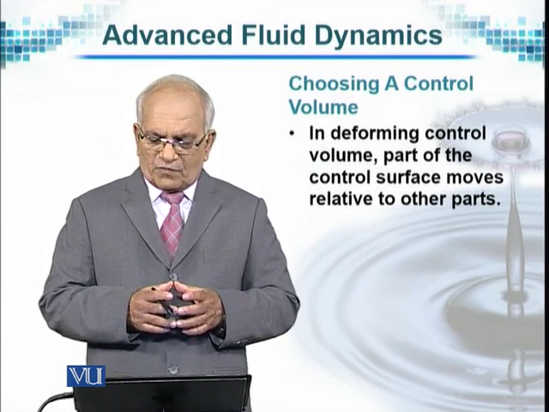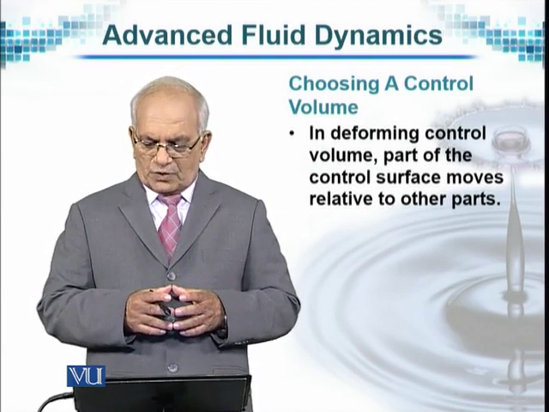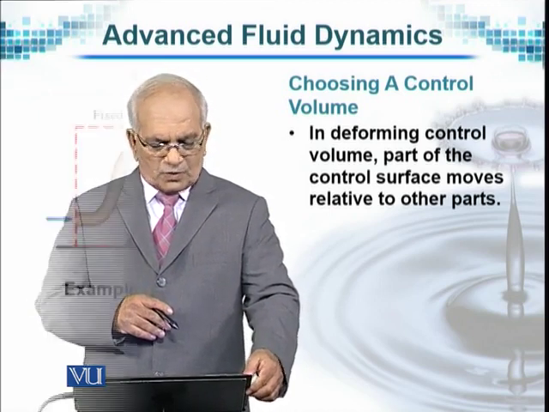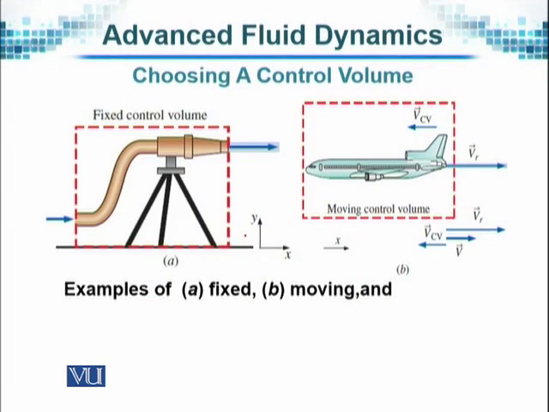In a deforming control volume, part of the control surface moves relative to other parts of the control surface. Some examples in choosing the control volume are represented here. For a fixed control volume, you can see here that if there is a fluid flow passing through a pipe that is fixed, then we have to choose a fixed control volume in which the fluid is passing through, entering from the left and exiting from the nozzle.